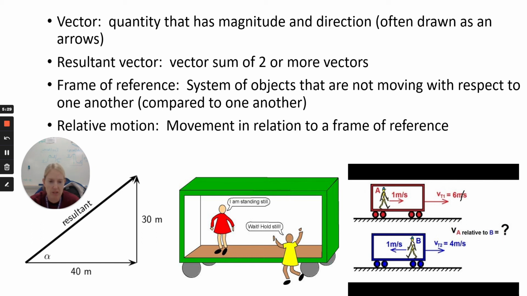So compared to the car, each person is walking at 1 meter per second, but compared to the ground, person A is walking at 7 meters per second and person B is at 3 meters per second. So again, that vector sum isn't necessarily always adding because it depends on the direction of our vectors.